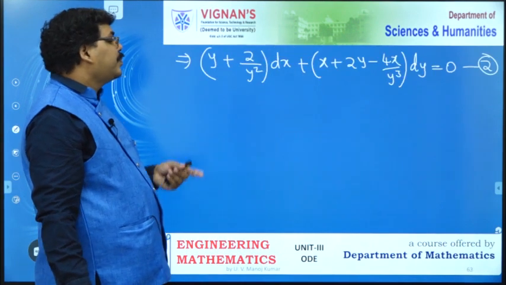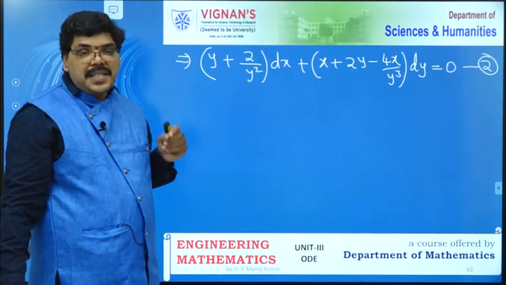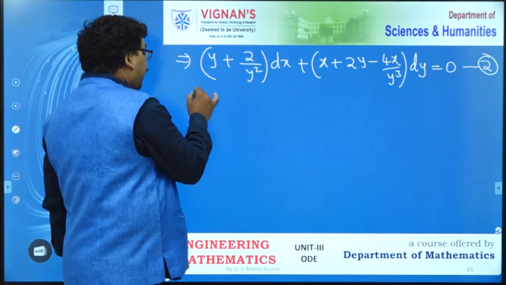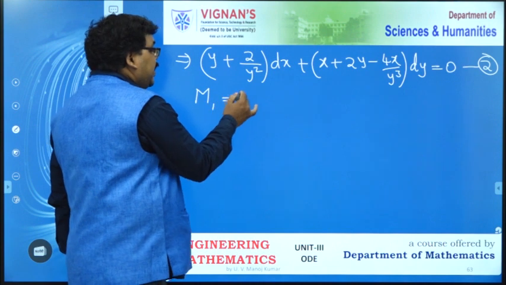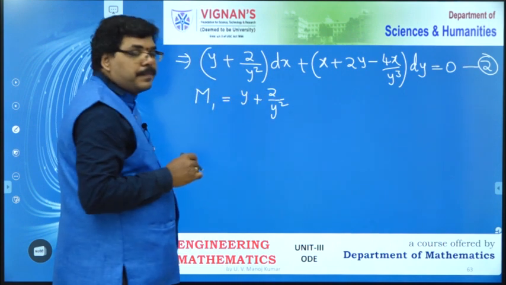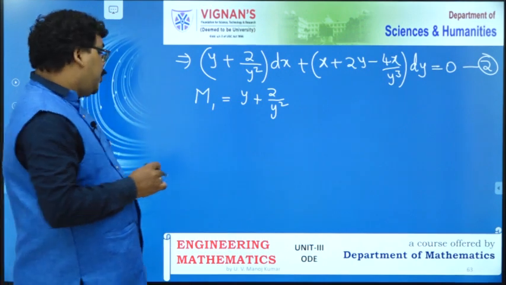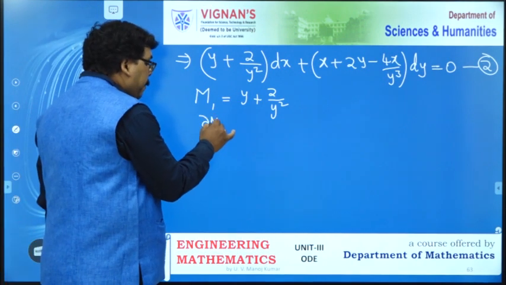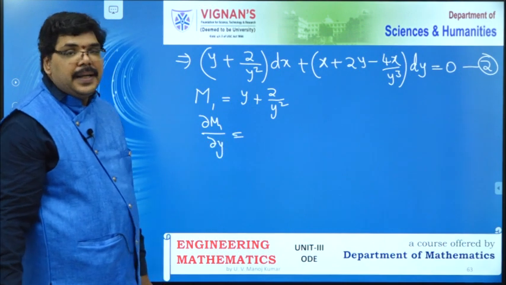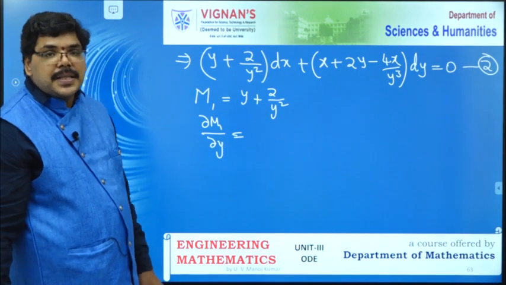And this equation 2 is exact. Let us check. M1 is y plus 2 by y square. What is the condition for exactness? dou M by dou y equals dou N by dou x.